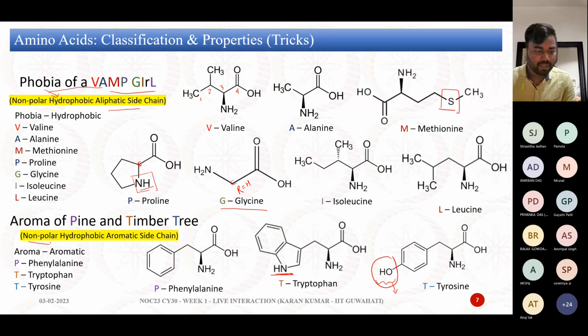By this you can remember the non-polar hydrophobic aromatic side chains, where P represents phenylalanine, T represents tryptophan, and another T represents tyrosine. To remember the different side chains, you must remember these side chains because many properties will depend on the side chain. So try to remember and keep this in your brain.